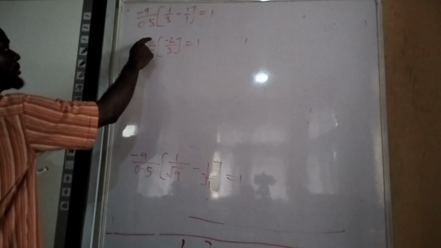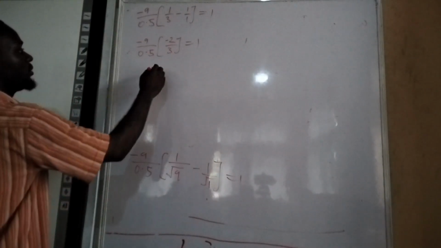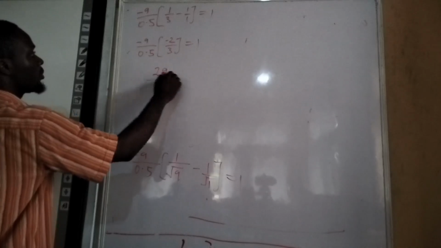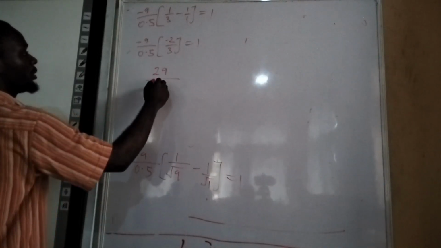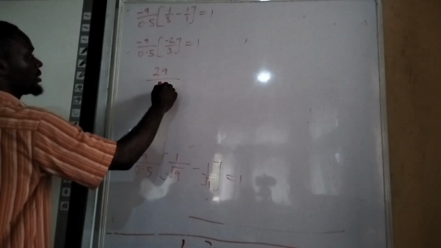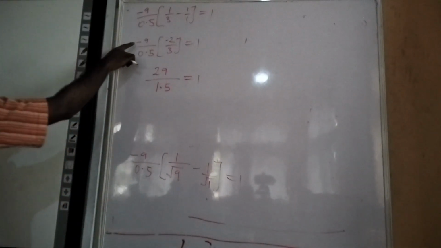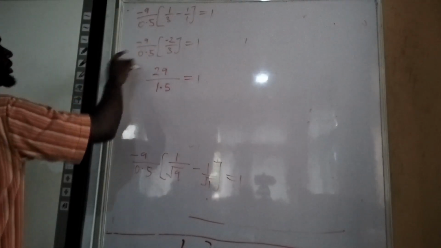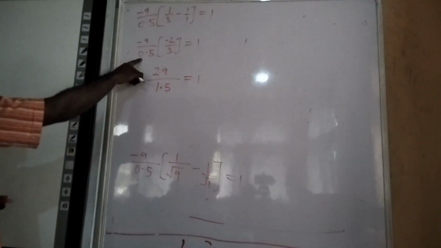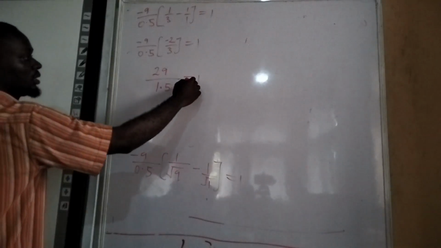So you can times this, A can times this. So you now have 2A is equal to 1.5. Minus has gone now. So if you do 0.5 times 3, you get 1.5. Want to make A the subject?